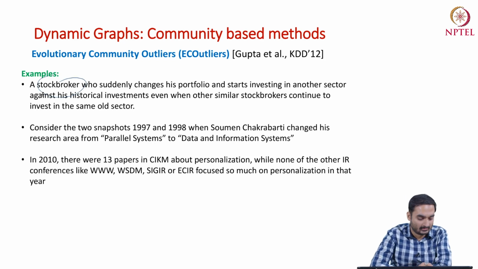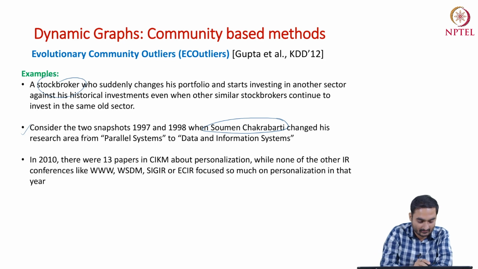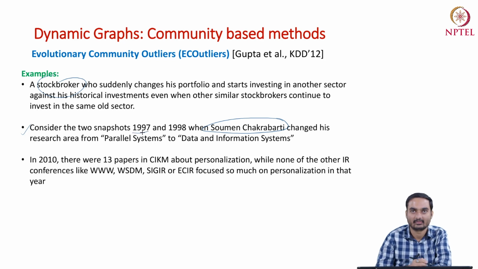Example 2. Let's take the research career of, say, Professor Soumen Chakrabarti, who is currently a professor of computer science at IIT Bombay. Till 1997, 1998, he used to publish papers in parallel systems, parallel architecture, mostly systems conferences.